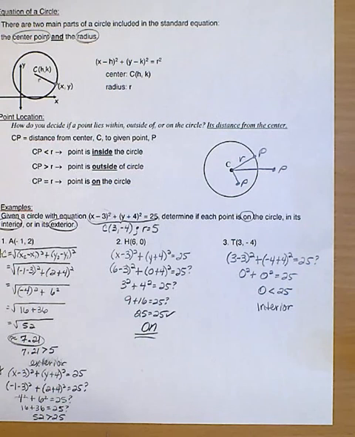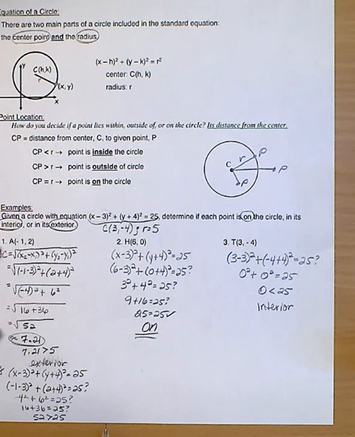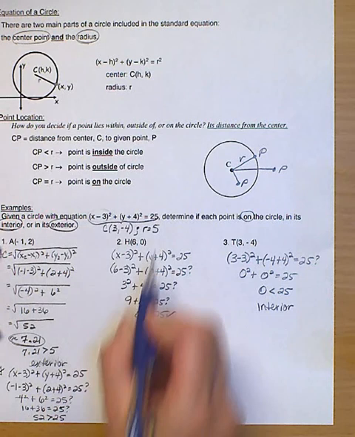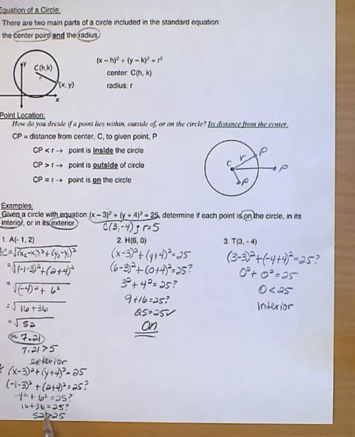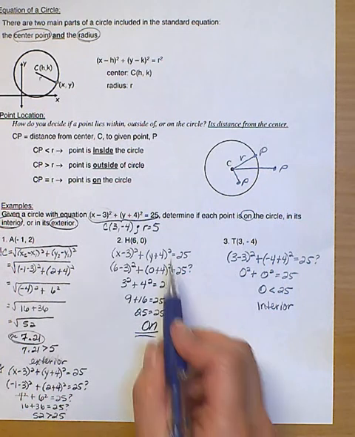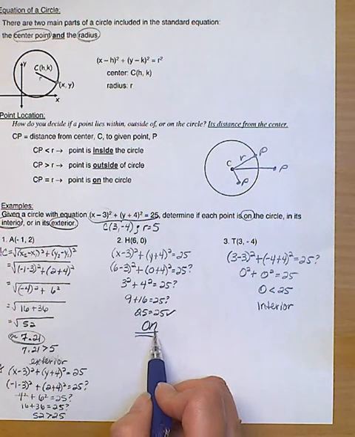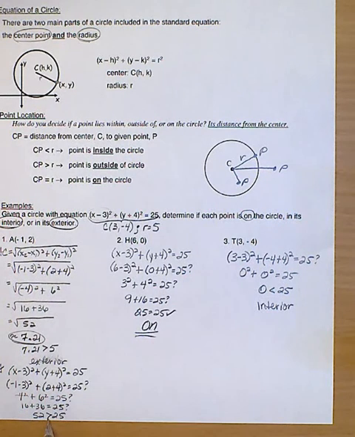So you can either plug it into the distance formula and compare it to the radius, which you would have had to find first, or just take the point, plug it into the equation, and determine if it satisfies it. If it satisfies it, it's on. If it doesn't, then it's either greater than exterior, less than interior.